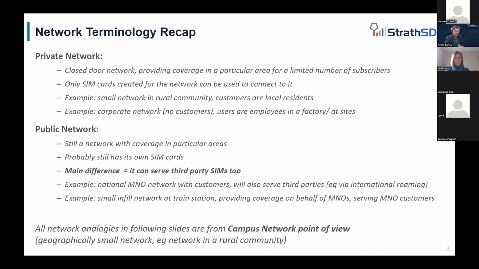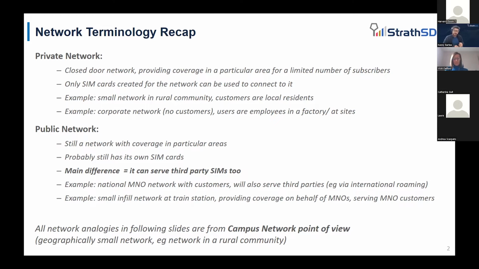An example would be a small rural network where there's customers in the area potentially on broadband packages, or a corporate network where there's users at the factories and sites. Public networks, on the other hand, are very similar, but the main difference is they can serve third parties too. An example of a public network is a national MNO.